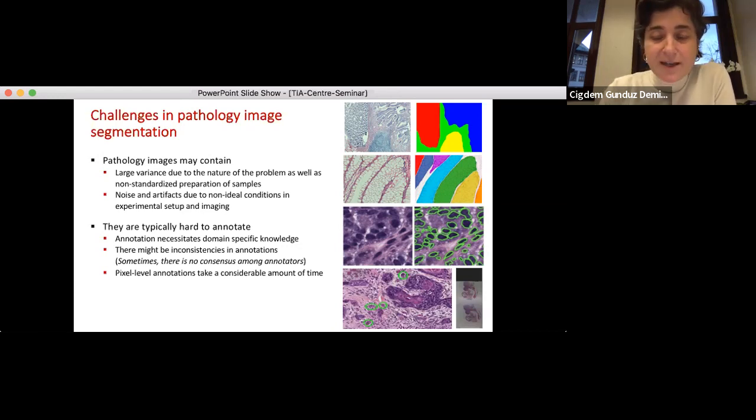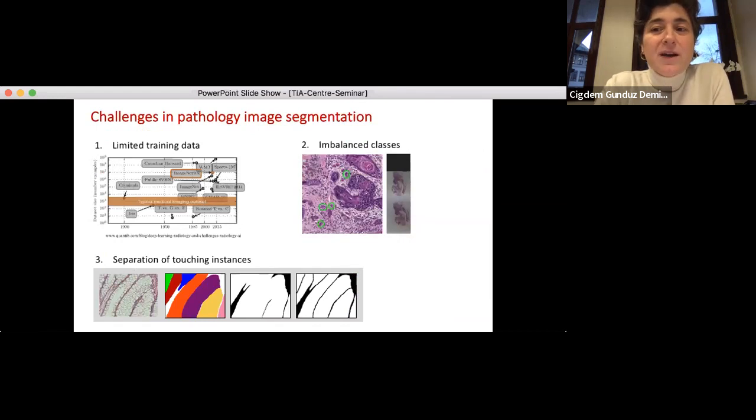So that's why in this domain, our data sets are small and much smaller than those used in other computer vision tasks. So we need to design our algorithms so that they also work with small data sets. And I believe that is the most important challenge in this domain for digital pathology.